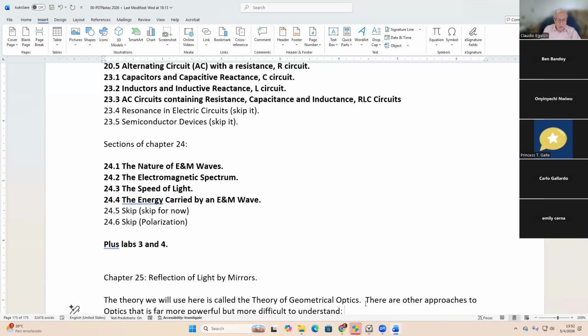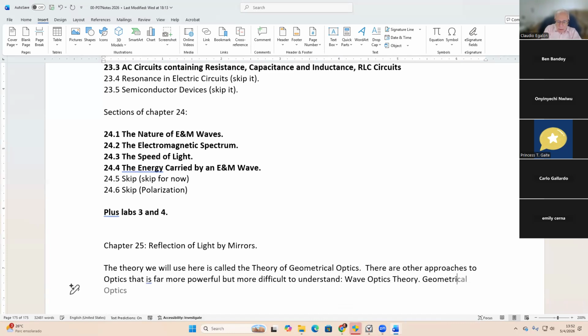One of them is called wave optics theory. If we have time, we're going to cover that. And then there are others that I'm not going to mention here. But like I said, geometrical optics is not as powerful, but it is very intuitive.